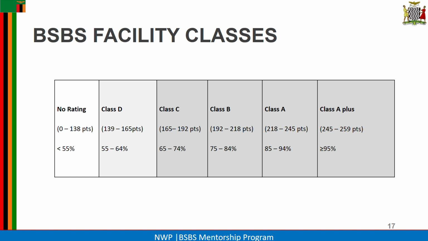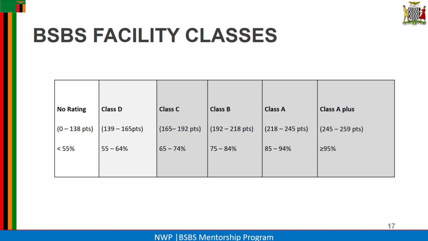Then if you score between 165 and 192 points, or between 65 and 74%, you're going to be classified as a Class C. Then if you score between 192 and 218 points, or between 75 and 84%, you're going to be classified as a Class B facility.